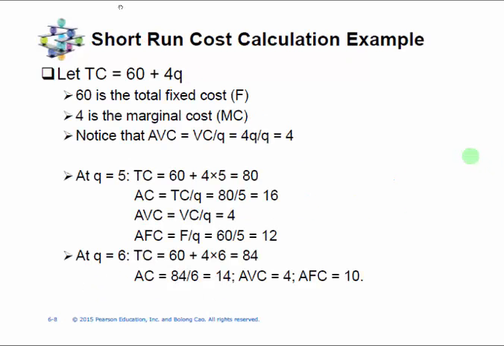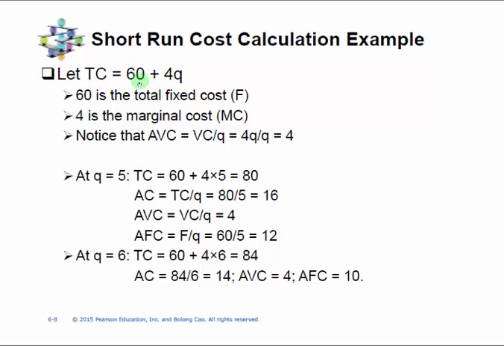Now let's look at some of these calculation examples. In this total cost function, right, we have 60. It's a constant. This 60 is the total fixed cost, or just the fixed cost, or F, because it doesn't depend on the quantity. Right?